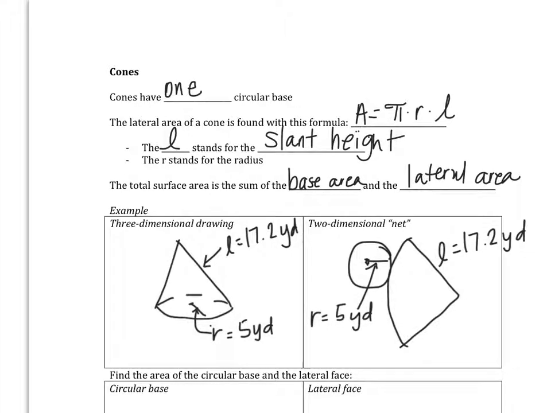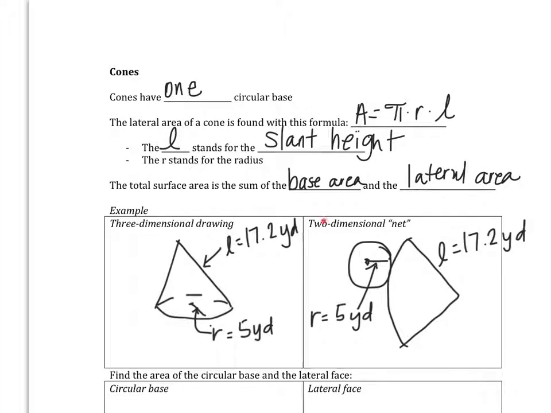So take a look at our three-dimensional drawing. This is a cone right here. So if we want to find the surface area of the cone, we have our lateral area, which is the cone part, and then plus the base area, and our base of a cone is a circle.